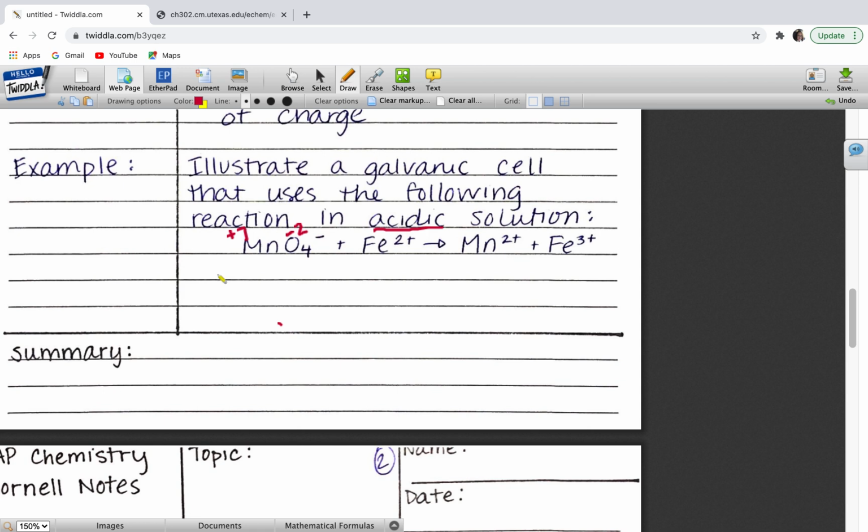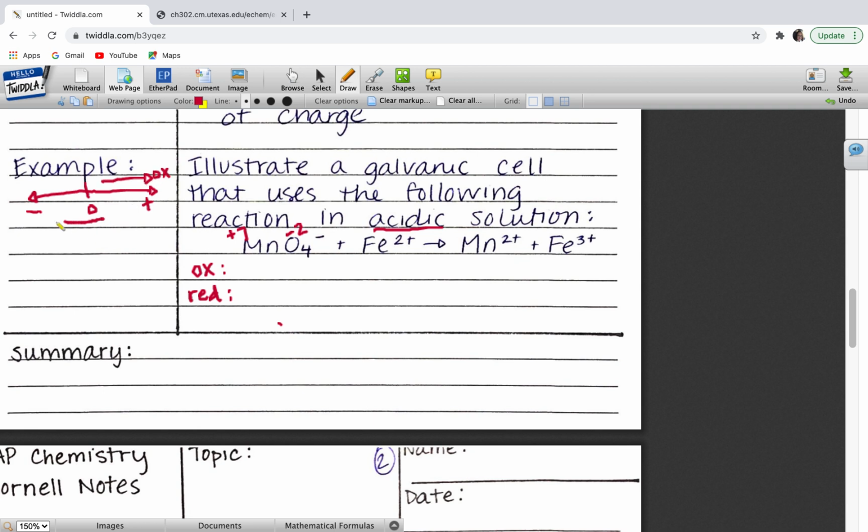So now we can think about what was actually oxidized and what was reduced. Oxidation is losing electrons, meaning it was becoming more positive. So just to recap, if it goes in this direction and becomes more positive, it's oxidized.